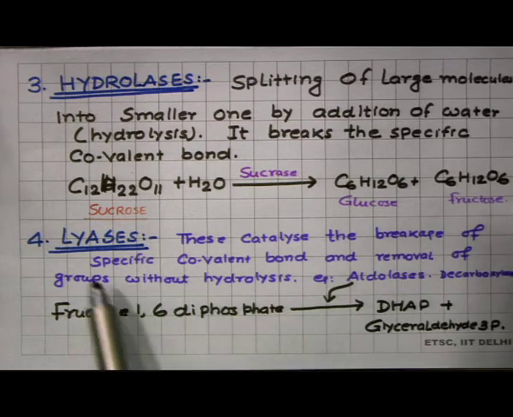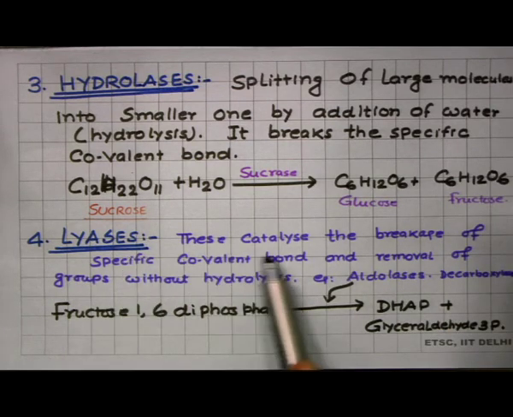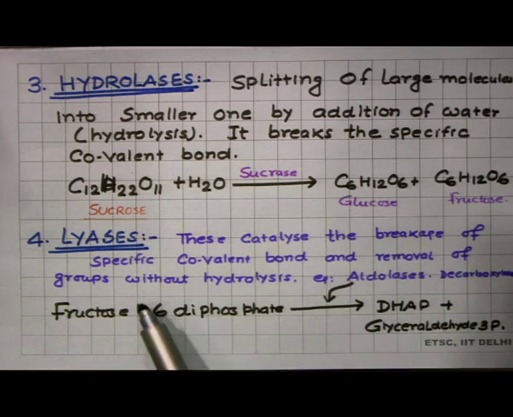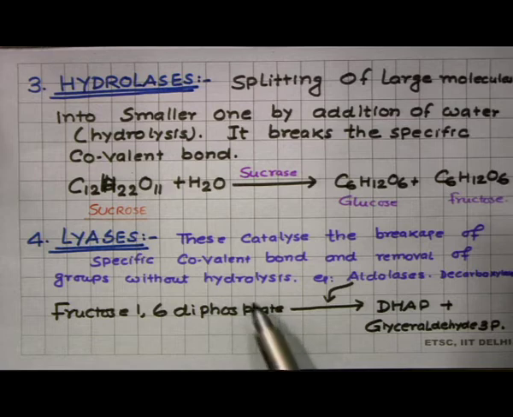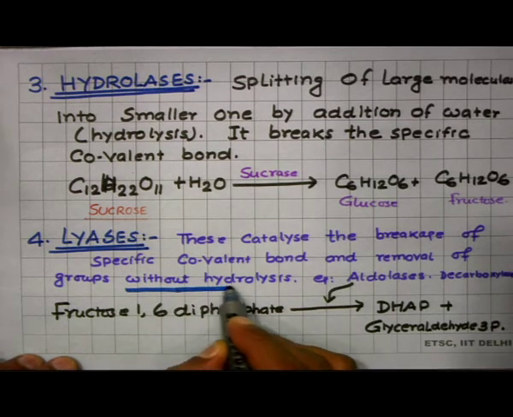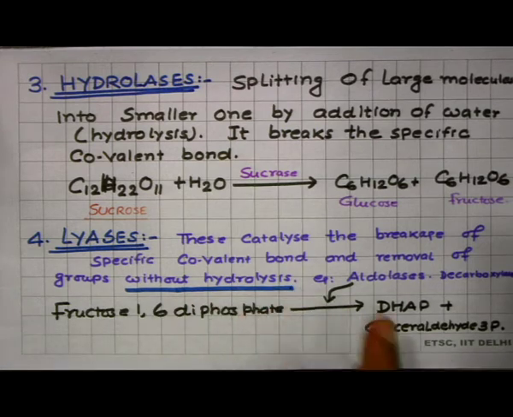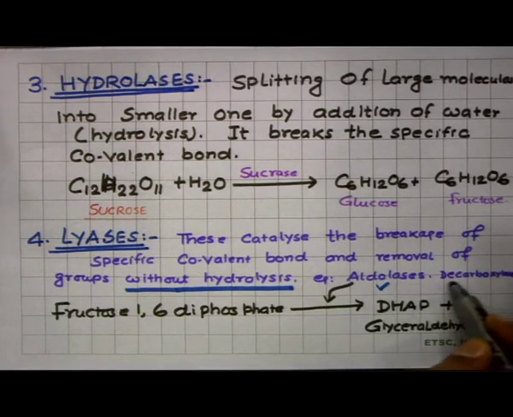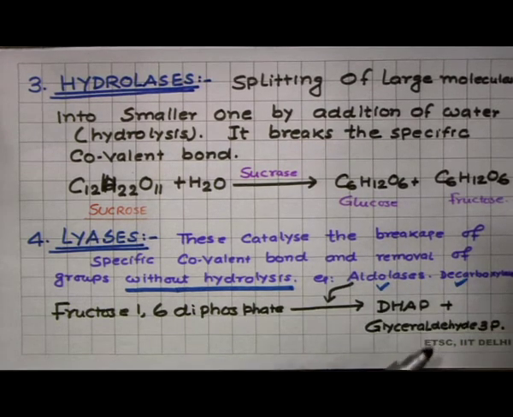The fourth one, lyase, catalyzes the breakage of a specific covalent bond and removal of a group without hydrolysis. This is the main point that differs from hydrolysis. Examples are aldolase and decarboxylase. We have seen both enzymes in the respiration chapter.